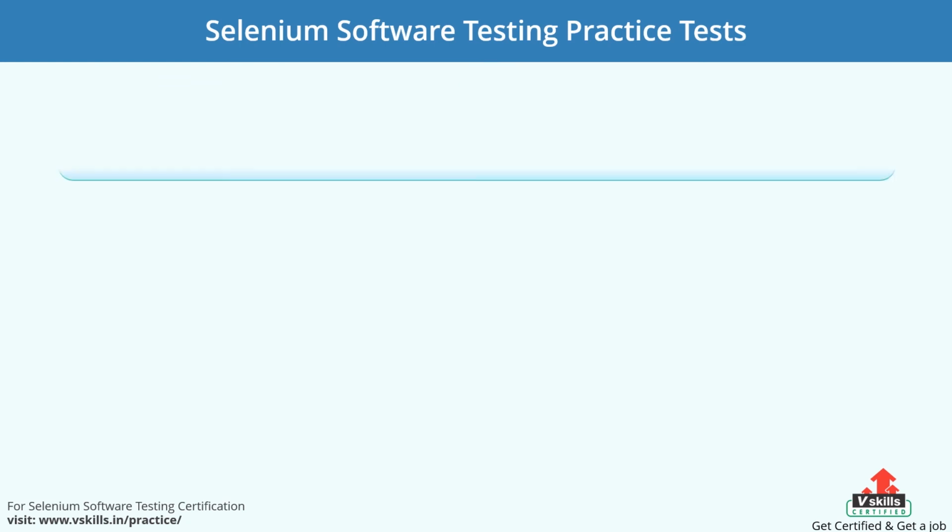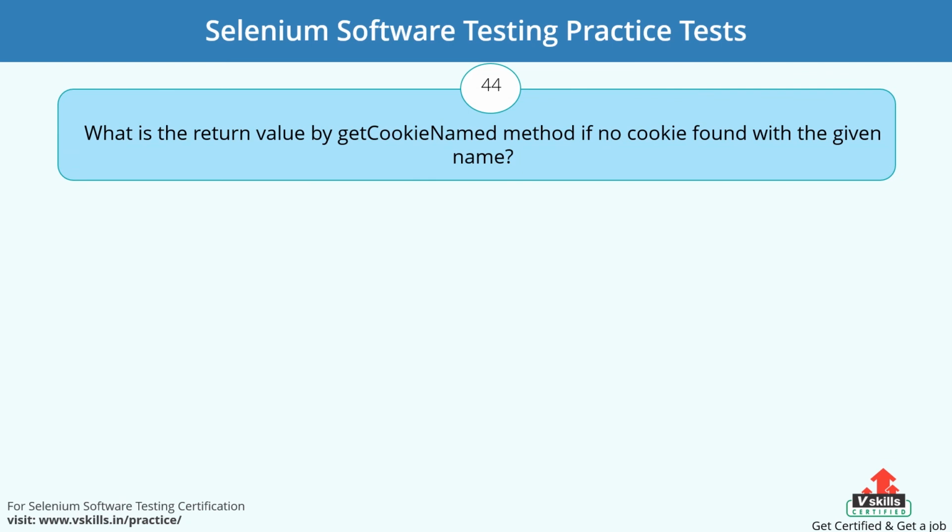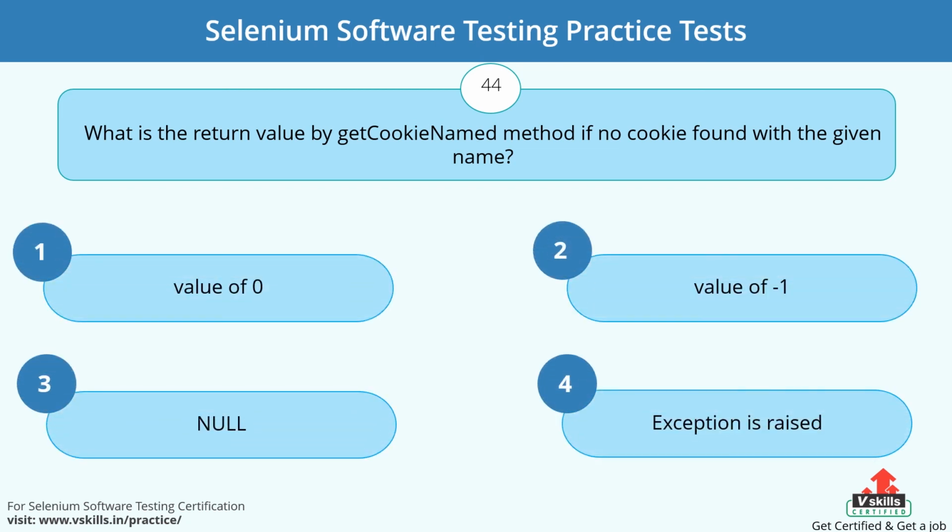Question number 44, what is the return value by getCookieNamed method if no cookie found with a given name? The options are A. Value of 0, B. Value of -1, C. Null, D. Exception is raised.